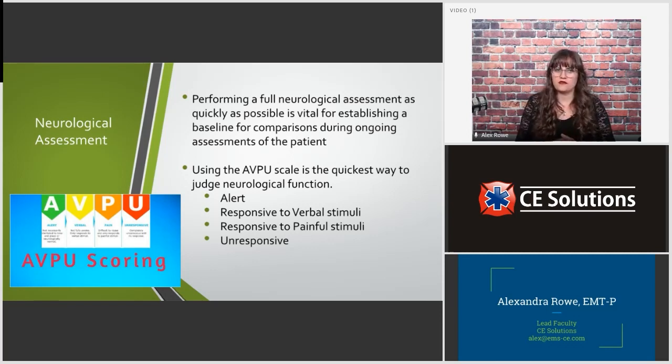With doing the full neurological assessment, usually we use the Glasgow Coma Score. Plus, you can check pupils. Other items, here it says we're going to use the AVPU scale, and we're going to see, are you completely alert? Are you only responsive to verbal stimuli, responsive to painful stimuli, or are you completely unresponsive?